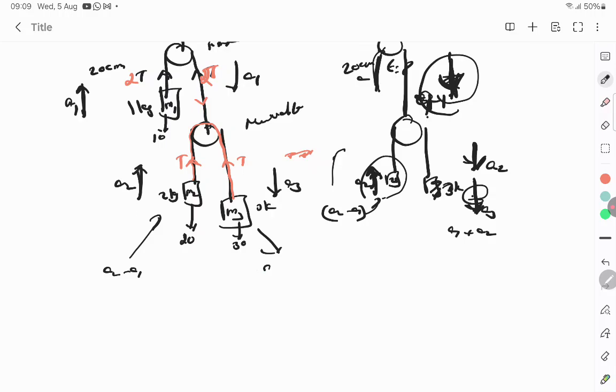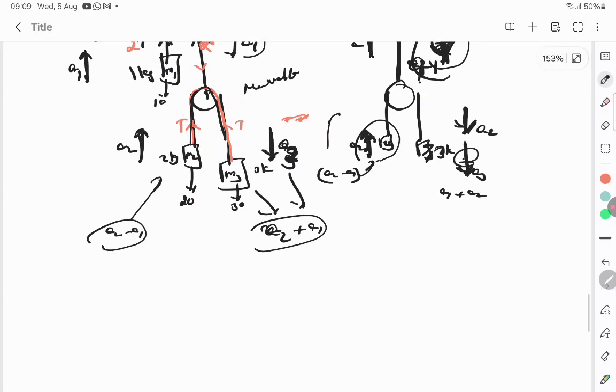Because of this A2, this is coming down with A2 only, but this A1 is getting added because it is the same rope. So A3 is nothing but A2 plus A1.